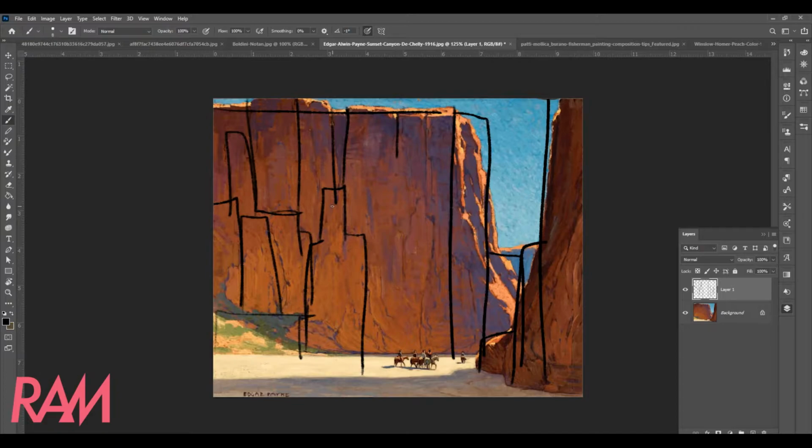You want to find the rhythm and movement in the environment. And so here, you can see things being broken up like that, and it all depends on how you want to show the environment to look in your composition.